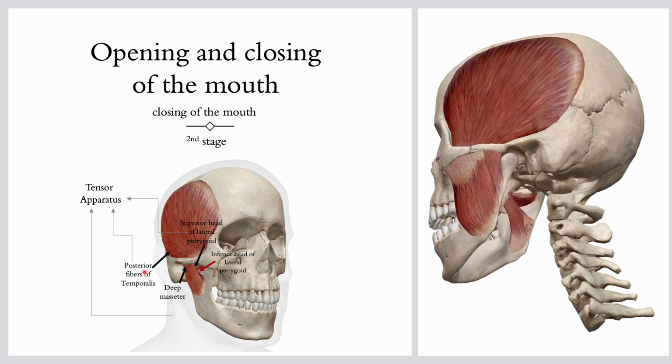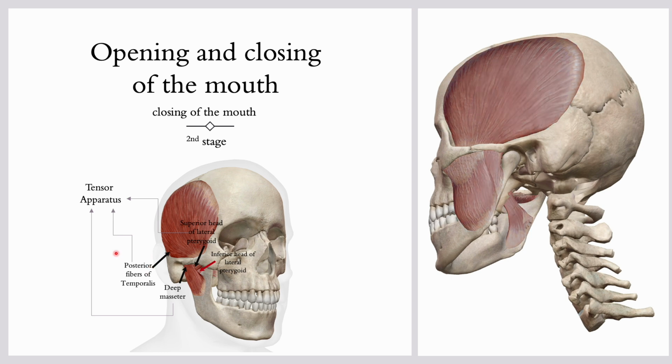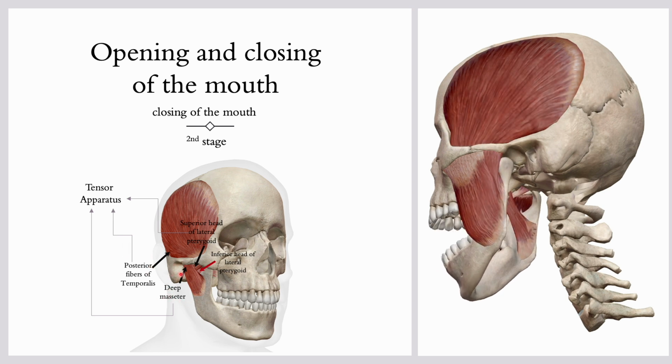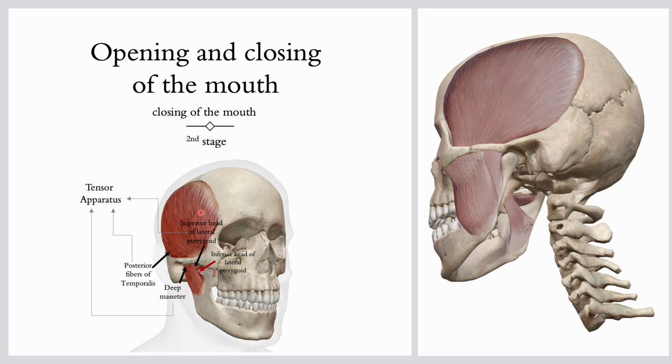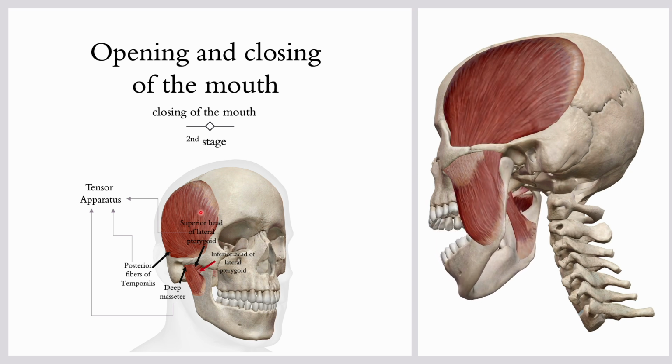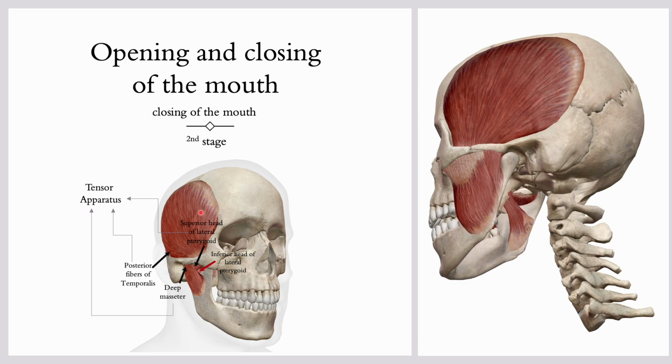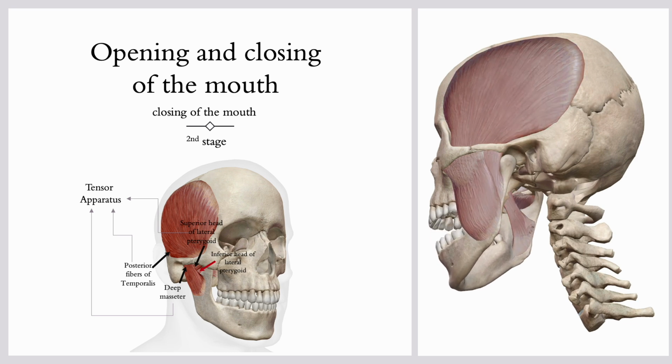This apparatus, consisting of the posterior temporal fibers, the deep masseter fibers, and the superior head of the lateral pterygoid muscle, also serves to protect the articular surfaces from excessive pressure. At this stage, the inferior head of the lateral pterygoid relaxes, signaling the end of the closure process.